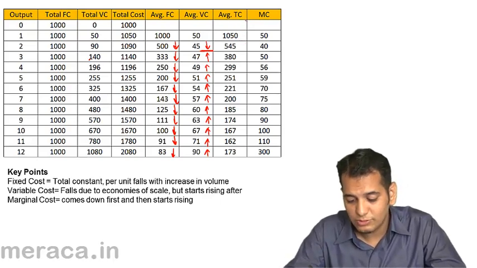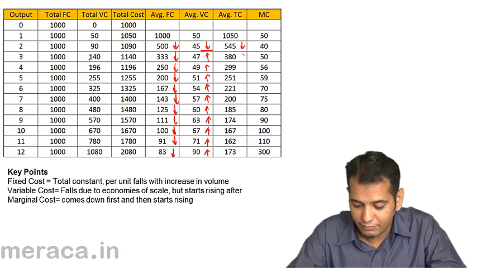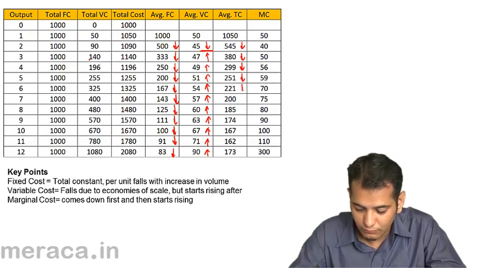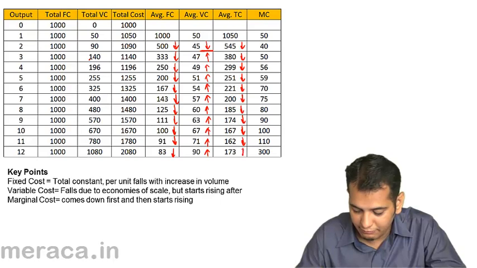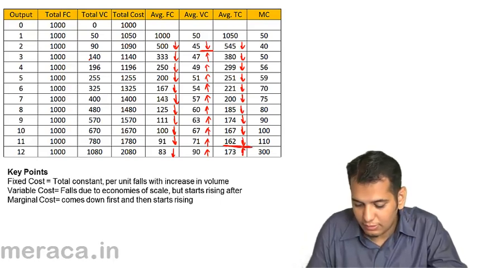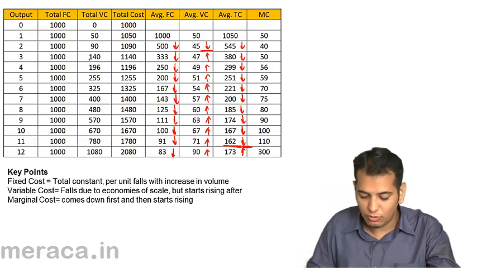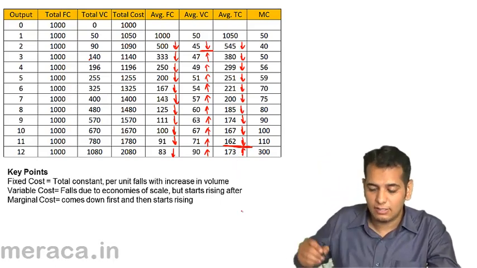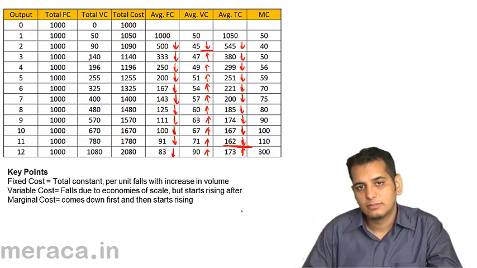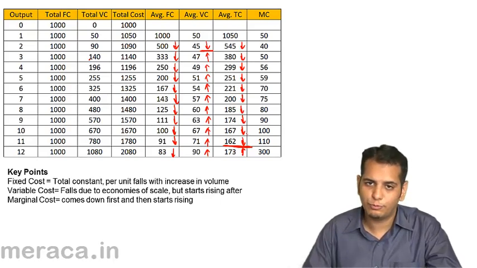Now again, if you closely observe here, you'll find that the average total cost is falling, and after a level it goes on rising. If we would have continued further, the average total cost would have started rising. This is again because of the law of variable proportions and the economies and diseconomies of scale.